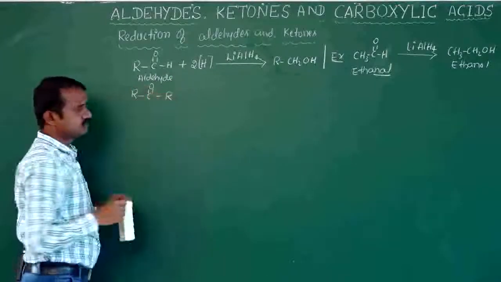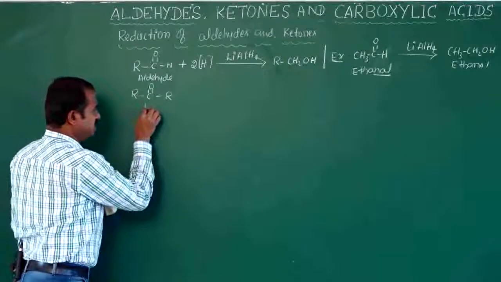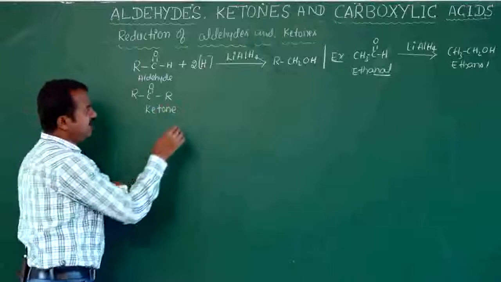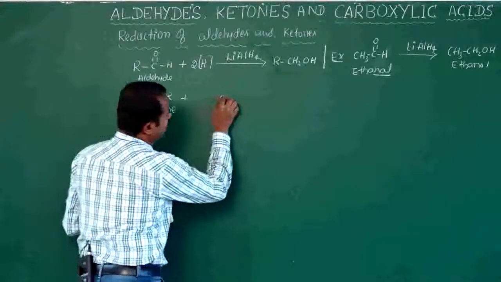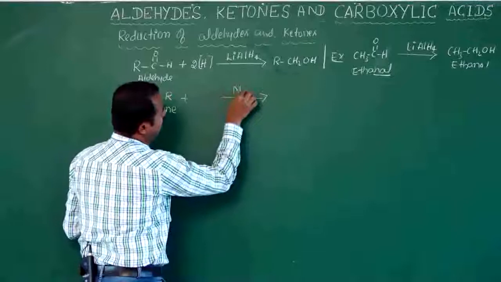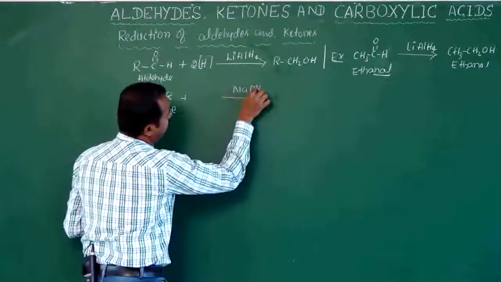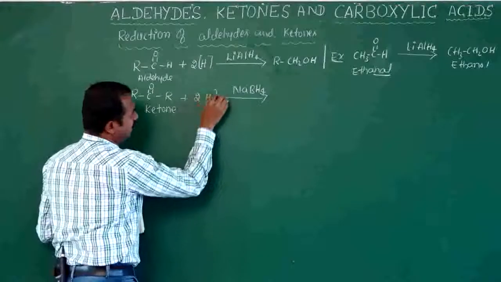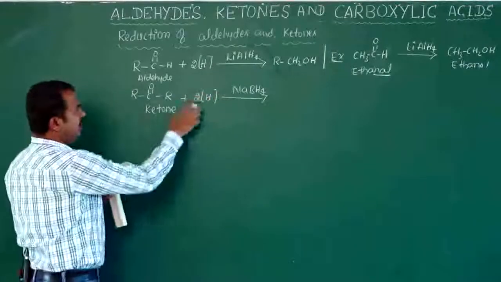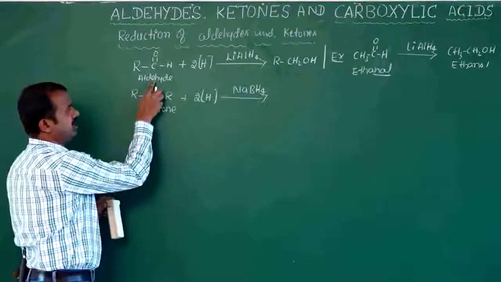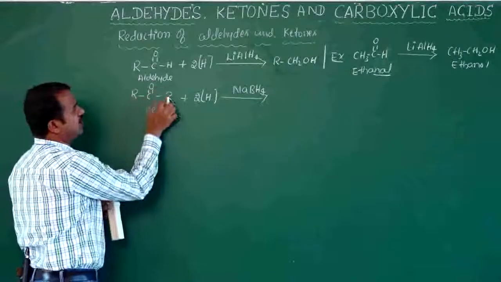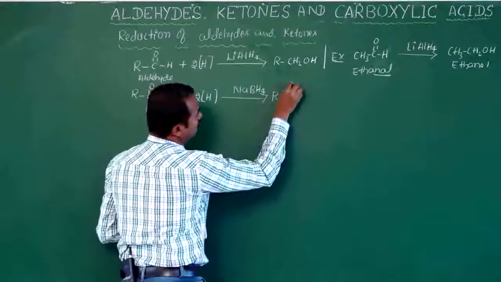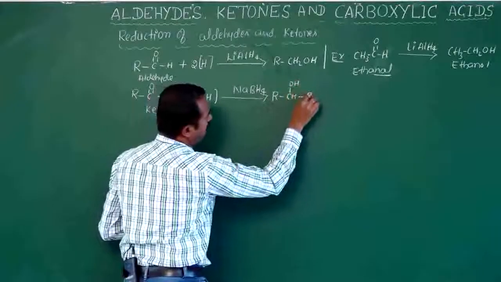RCOR. This is the general formula of ketones. Ketones also undergo reduction with sodium borohydride or lithium aluminum hydride. It is also an addition of hydrogen, one hydrogen here, another hydrogen here, giving RCHOHR.